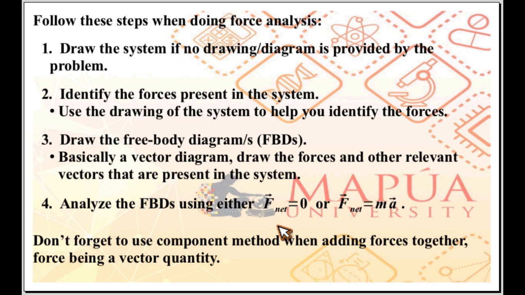You'll recall again, F net is equal to the summation of all the forces that are acting on the object. So that's basically vector addition. So don't forget to use your component method when doing force analysis.